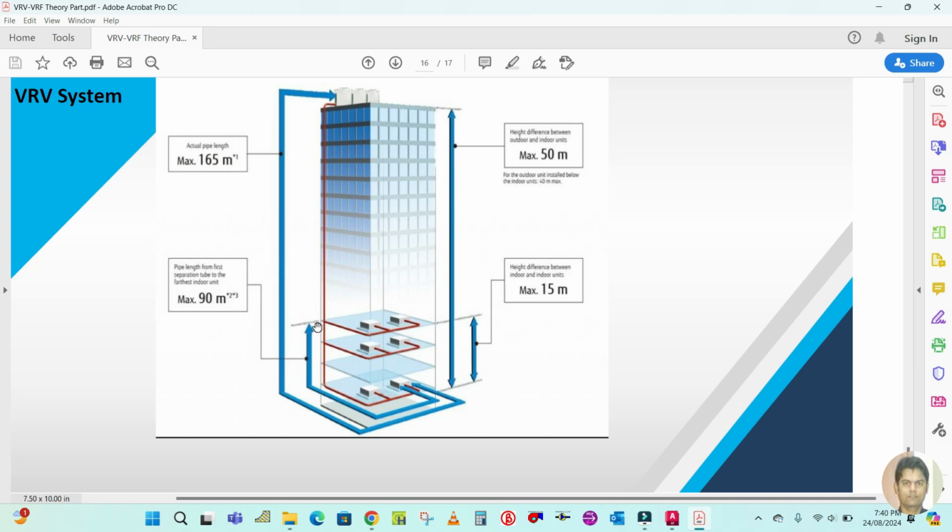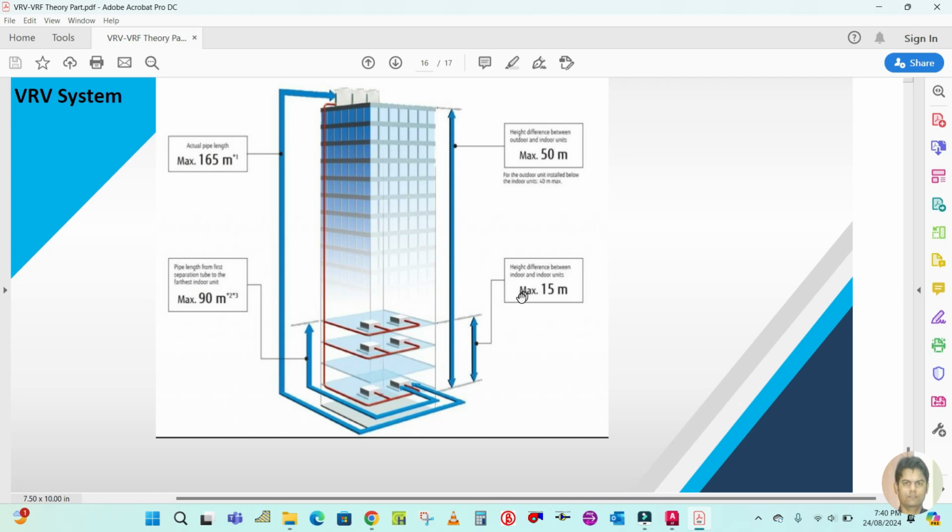And 15 meters is the height difference between indoor and indoor units, so from the ground floor to the first floor, the maximum is 15 meters.